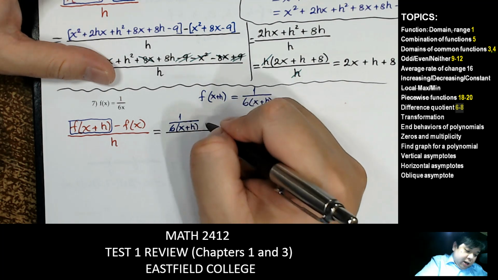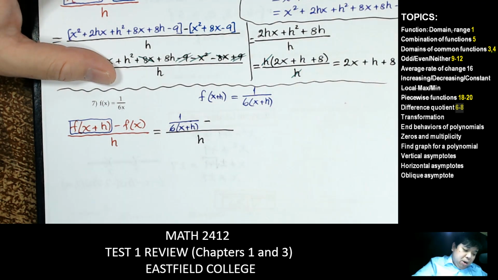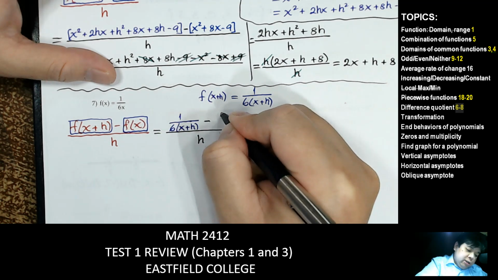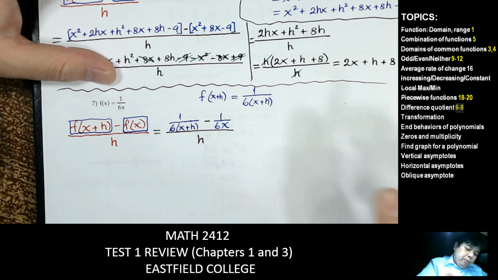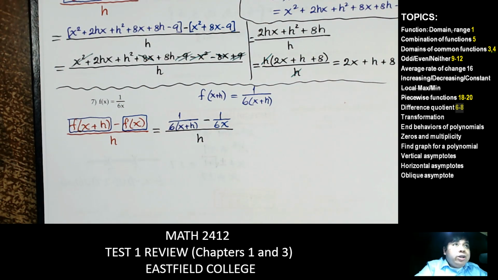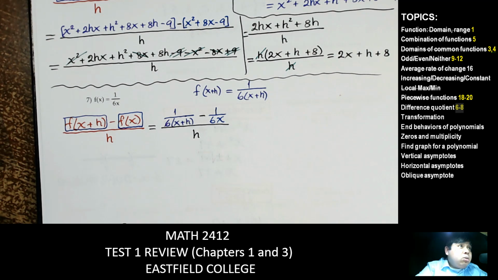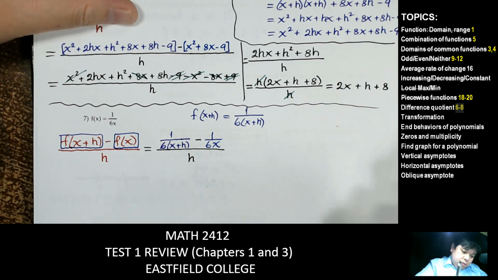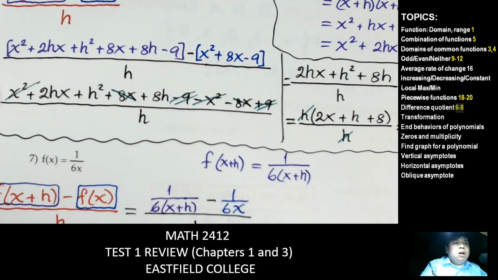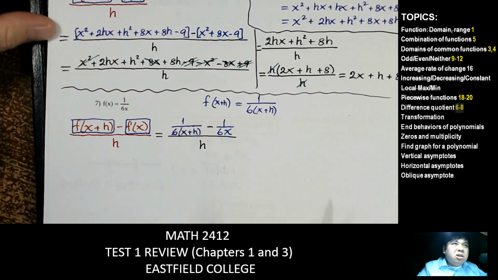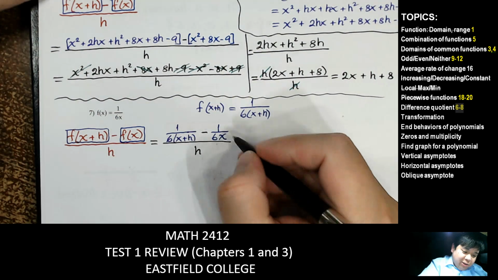And after that, minus f of x, this is the original function, right? So that is the difference quotient. All we need to do is simplify this, and to simplify this, yeah, the colors of them are different, but somehow look the same on the video.